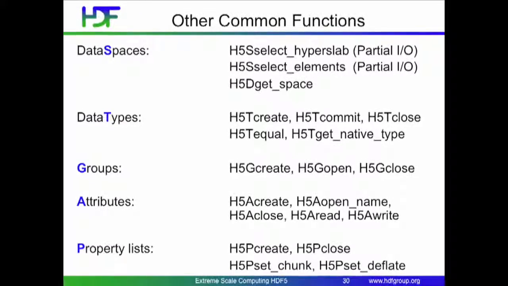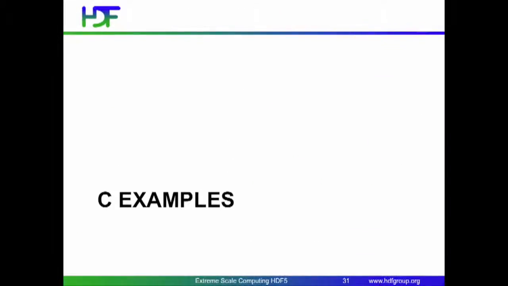You can write, which you probably should, attributes about what this data really means. You can put in units, whatever you want to describe what somebody might need later to decipher what you have in this file. And then property lists, that's a way to access properties on the file itself. We'll discuss that a little later.